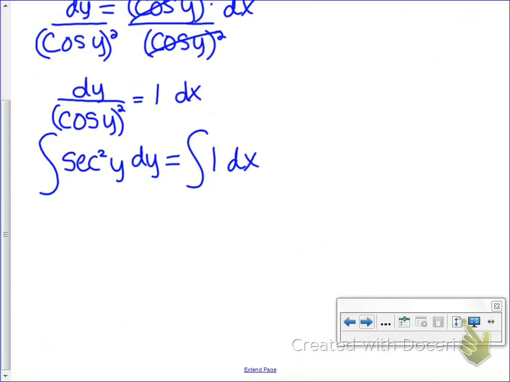What is the antiderivative of secant squared? What is it the derivative of? Tangent. Good. On the other side, it's just x. The antiderivative of 1 is just x, because the derivative of x is 1, plus c.